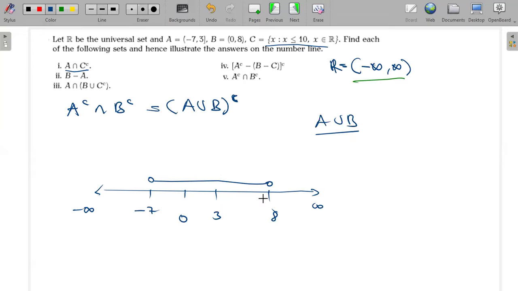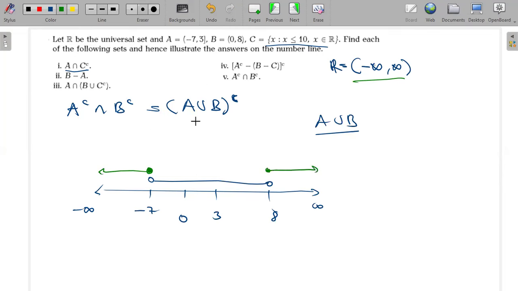That's the union. Now what I'm interested in is the complement. If here it's open, the complement is going to be closed, and it will go that way. Here it's open, so it's closed, and it will go that way.